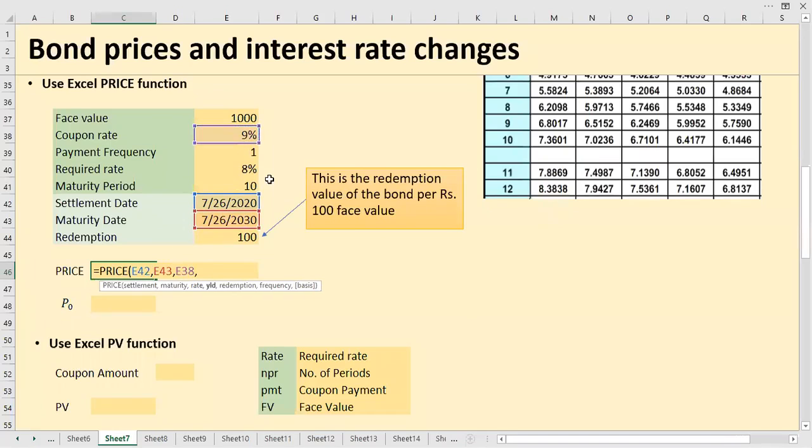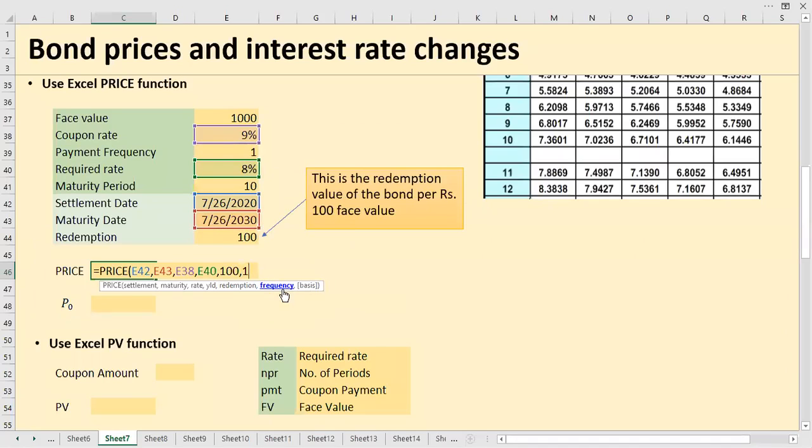So we select the coupon rate here, 9%. Then the yield is what we are expecting from the bond, that is the required rate of return, 8%. And then redemption is of course this 100 that is always given. I select that 100, or you can just type 100 here. Then frequency of the payment, it is annual, that means 1.